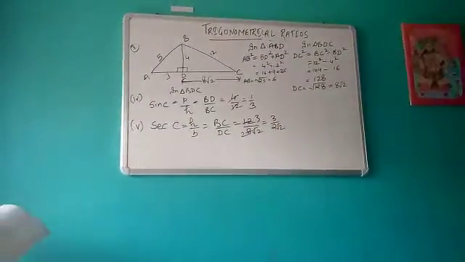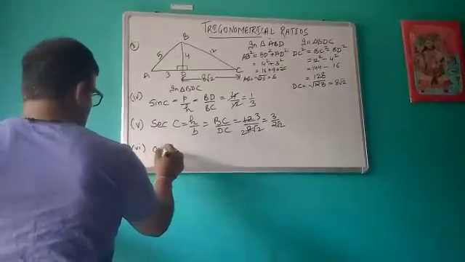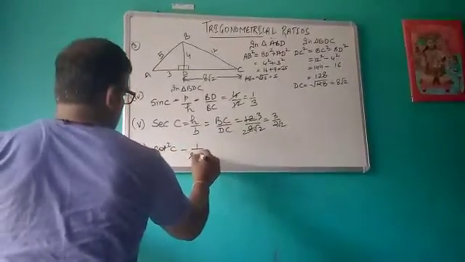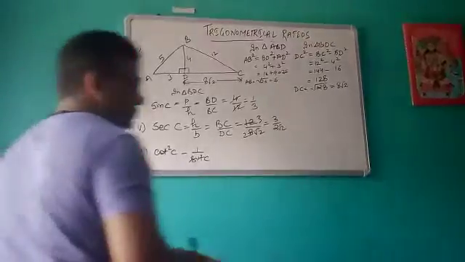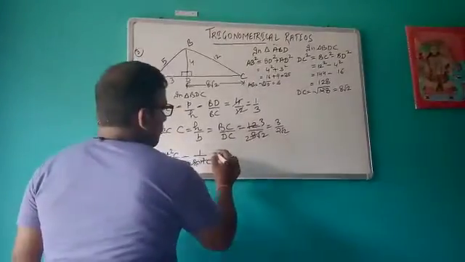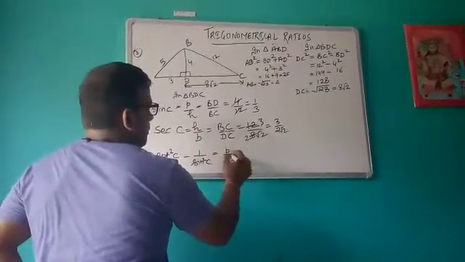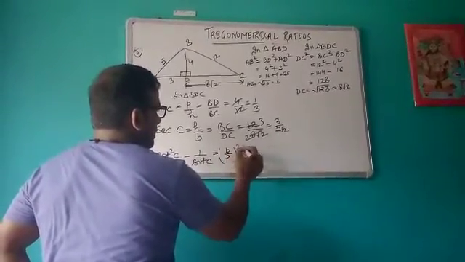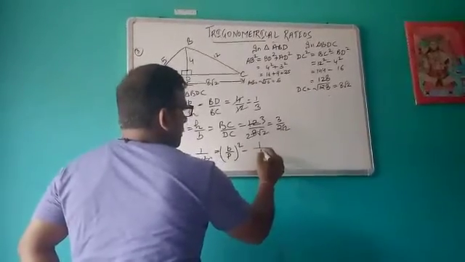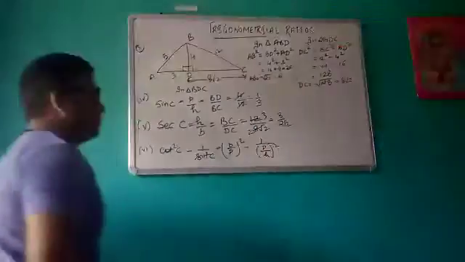And the next part, that is the last part, is cot square C minus 1 upon sine square C. So you will write what is cot. Cot is B upon P whole square, and this we will write minus 1 upon P upon H whole square.